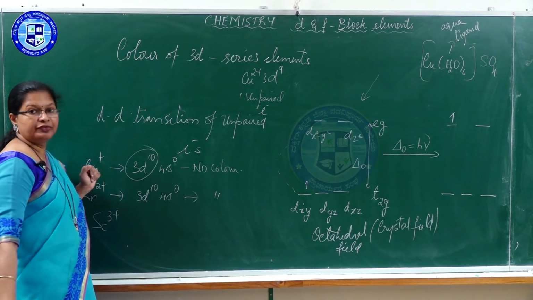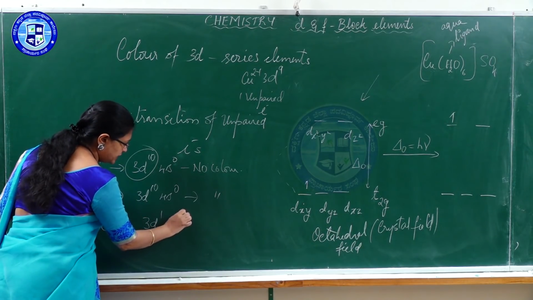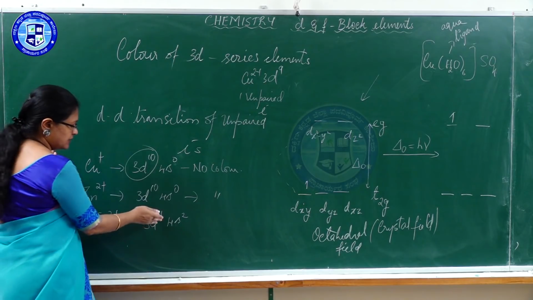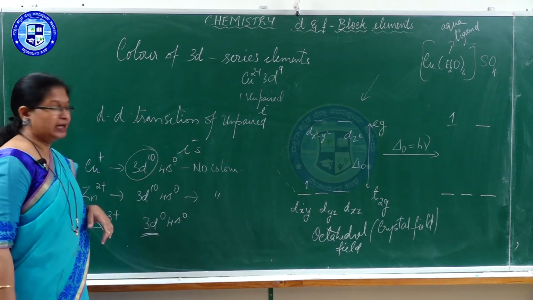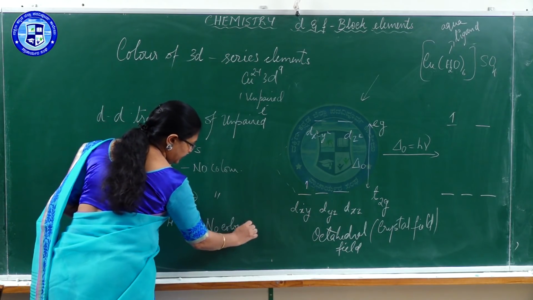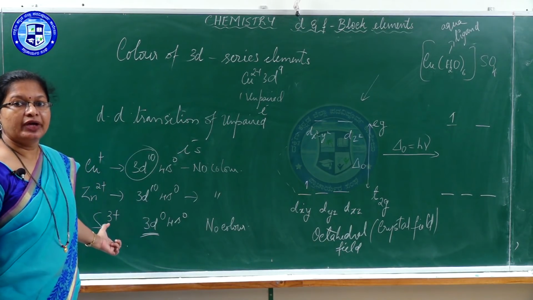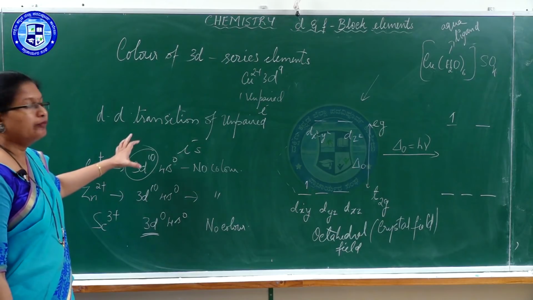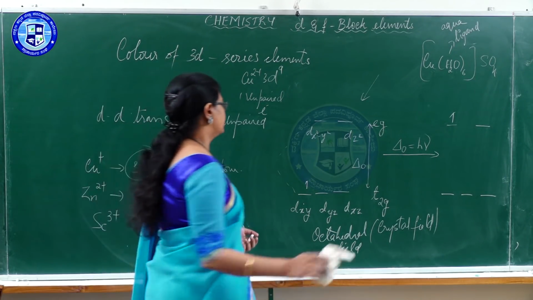What is the configuration of scandium? 3d1, 4s2, right? 3+ makes 3d0, 4s0. Zero electrons, no unpaired electron. Hence, it also does not have any color. This is how you will identify the salt of any metal ion, whether colored or not. These are all not colored solutions.